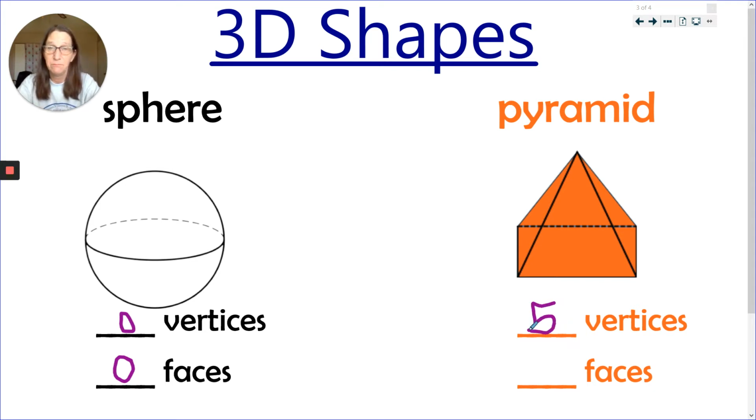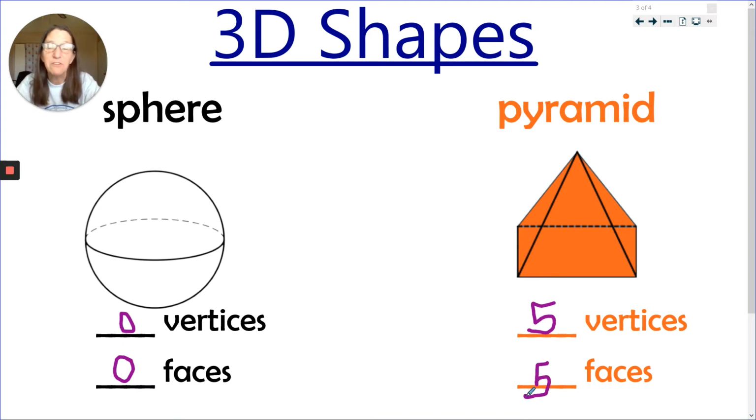How many faces do you think it has? 1, 2, 3, 4, 5. Don't forget the one on the bottom. It has 5 faces.